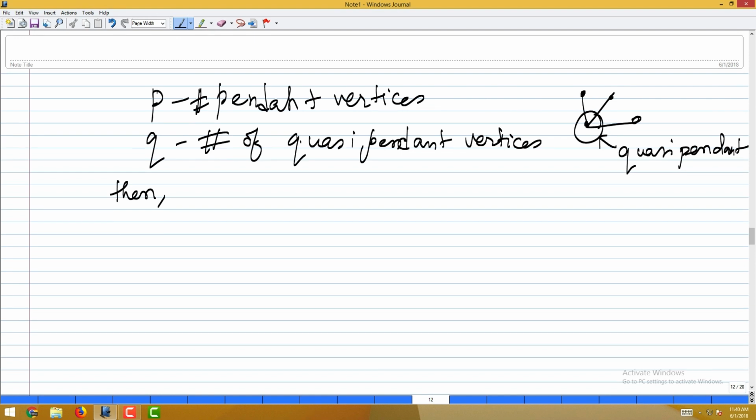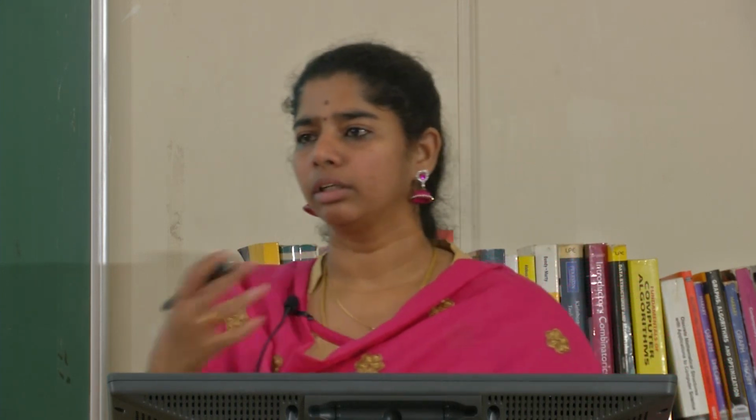Then we can talk about 1 occurring as an eigenvalue in this case, and say that the multiplicity of the eigenvalue 1 for this tree is nothing but, we know the upper bound is given by the previous result, p minus 1, and the lower bound is coming from the number of pendant vertices and the number of quasi pendant vertices, right. So, you can obviously see that if there are p pendant vertices, there are at most p quasi pendant vertices.